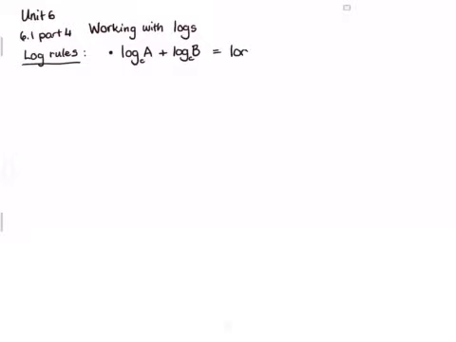Then you can make it a single logarithm with a base, but be careful, you don't add the numbers, you multiply them. So similarly, if you have a log base something minus a log, it has to be the same bases, then it can become a single log where you divide them.